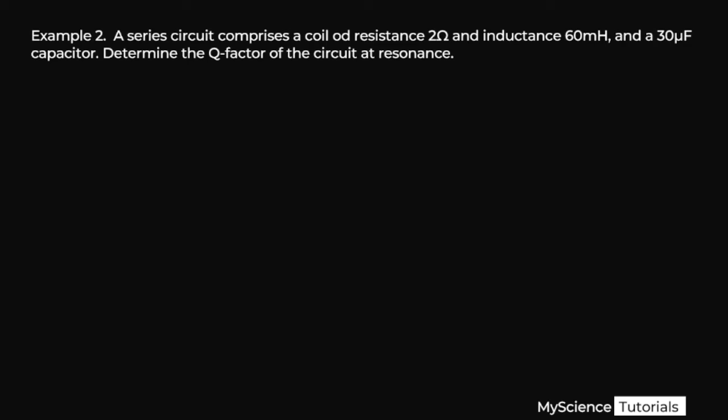We have a series circuit comprising a coil of resistance 2 ohms, an inductance of 60 millihenry, and a 30 microfarad capacitor. We have to determine the Q factor of the circuit at resonance. So this is also very easy. Let's write down our solution.